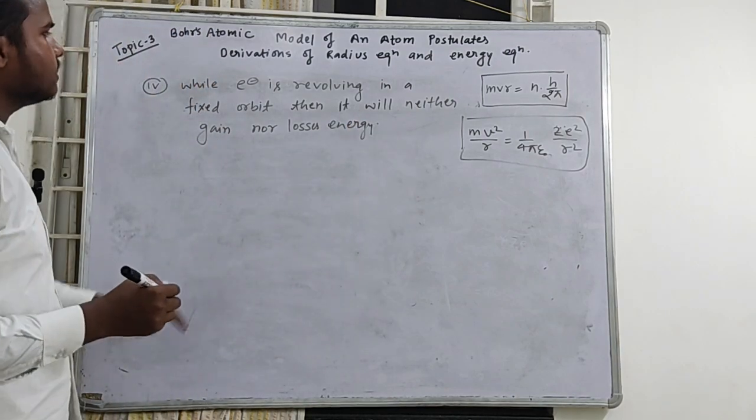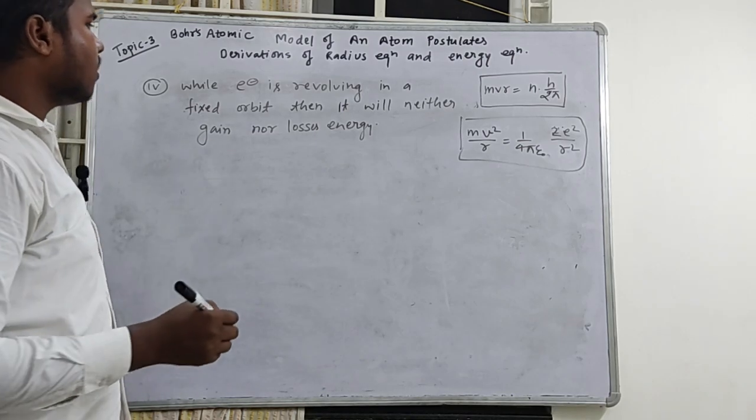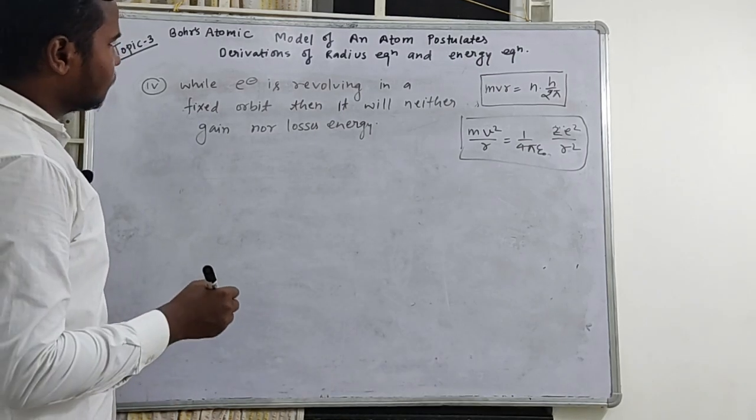Means if the electron is revolving in a fixed orbit, at that time it will not gain or lose energy.